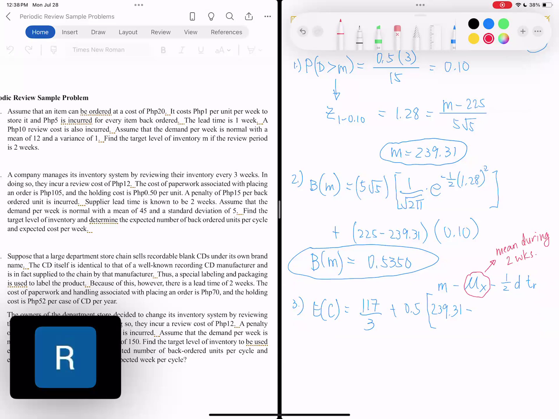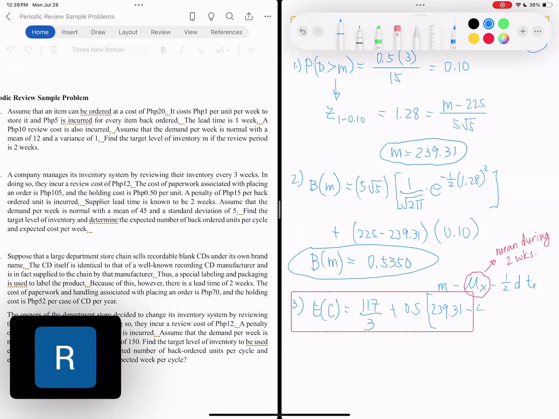In problem number 1, the lead time was 1 week, so whatever the mean for 1 week was, that's what we used here. But in problem number 2, your lead time is 2 weeks. If the average demand for 1 week is 45, then what should you do here?